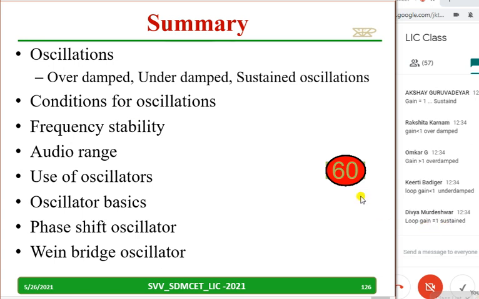Gain less than 1, underdamped. Equal to 1, sustained. Correct. Then let me wait for the condition for oscillations. Most of you know that. Then somebody can type frequency stability, somebody can type audio range, somebody can type use of oscillators, oscillator basics, and let me read that.